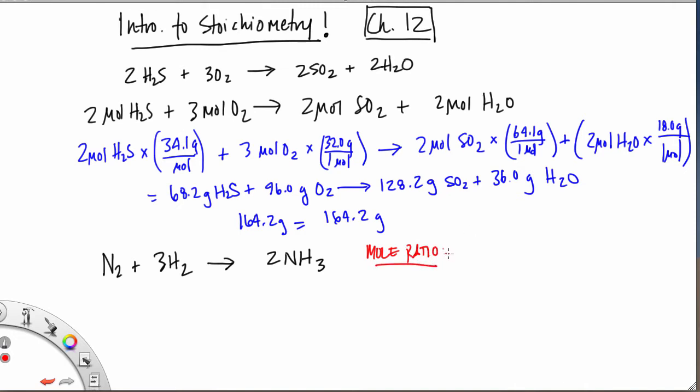Okay, so the mole ratio is a conversion factor actually. And it's derived from the coefficients of the balanced chemical equation. So I want you to put this in your notes.